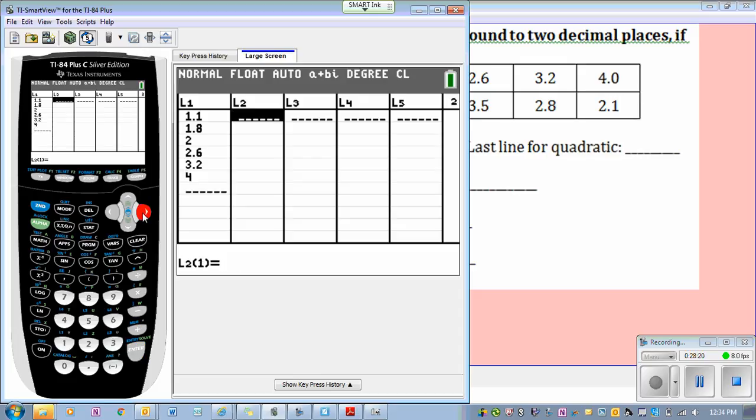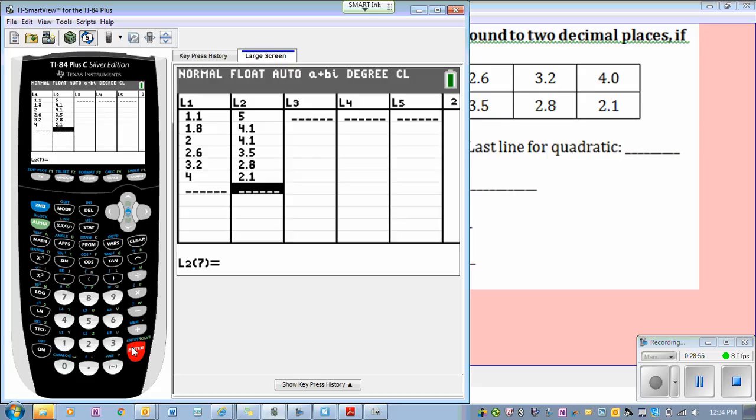And then everything for your Y's, all your Y points for L2. At the end, you should have the same number of L1 data points as L2 data points. Make sure that they're even, or else you're going to get errors.